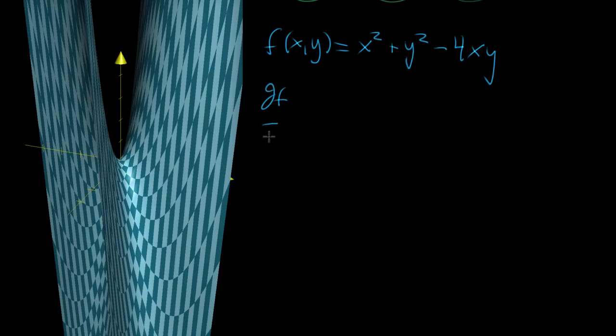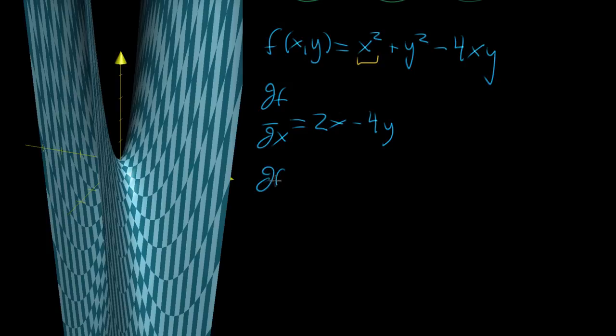So the partial with respect to x is equal to, when we differentiate this term, we get 2x, y looks like a constant, we do nothing, and then this last term looks like negative 4 times y, because y looks like a constant, so negative 4y.